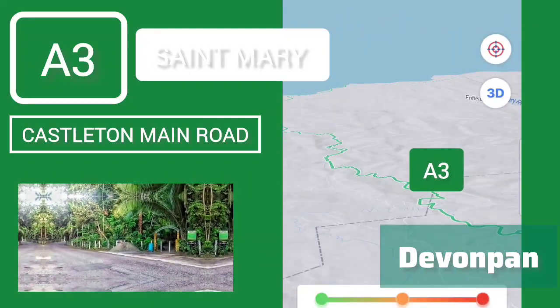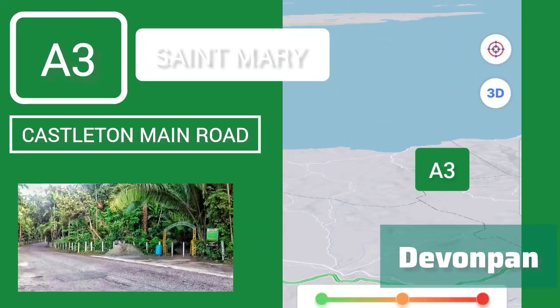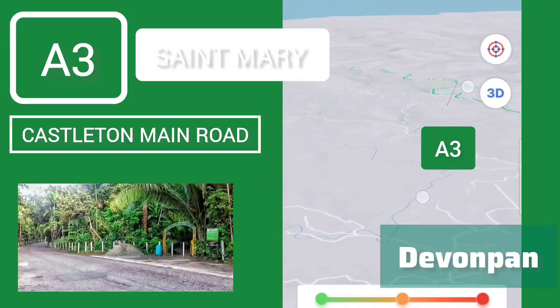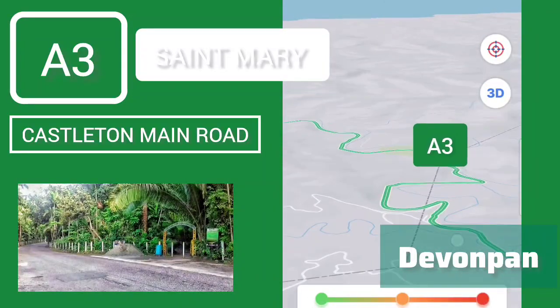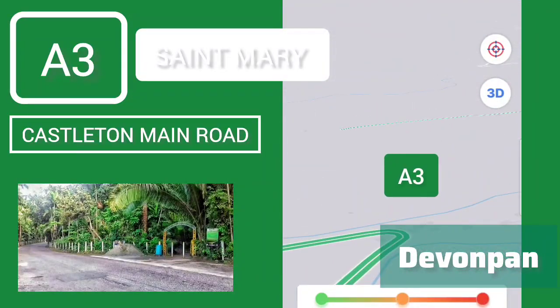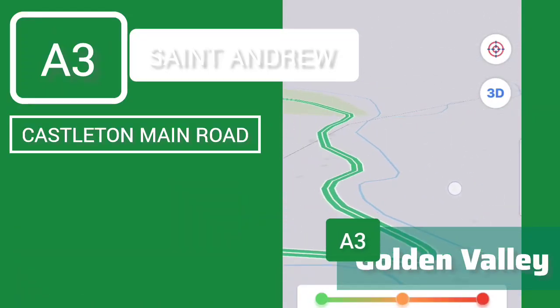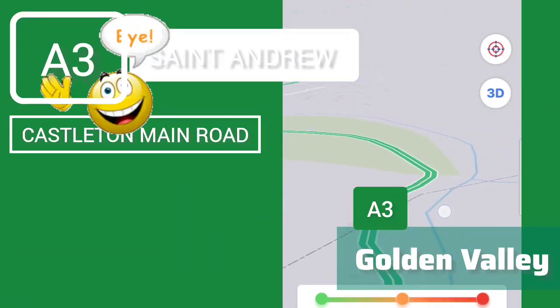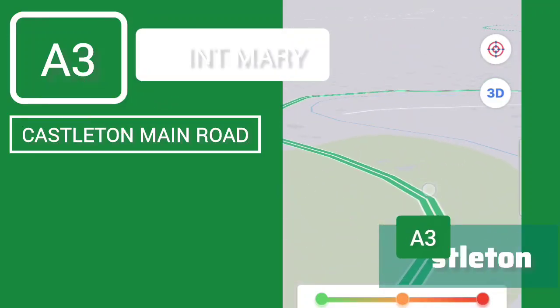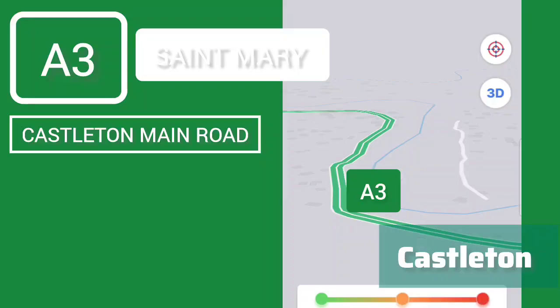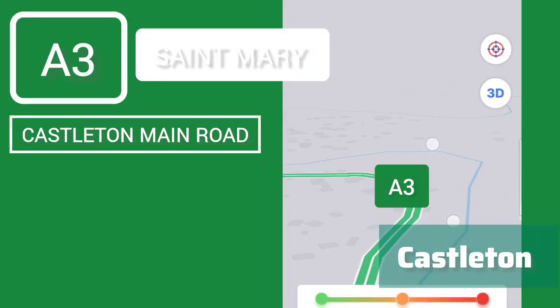So what happened here, guys, is that we exited St. Andrew, headed into St. Mary, then headed back into St. Andrew again, along with the river, and then a curve, and then headed back into St. Mary. Okay, I never knew that. Wow, this map is really showing me a lot of things that I never knew.